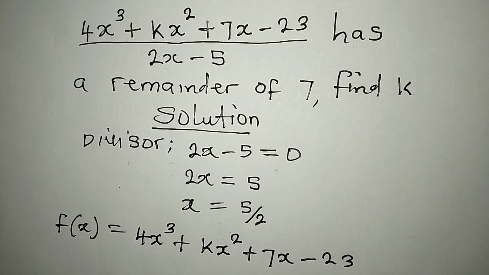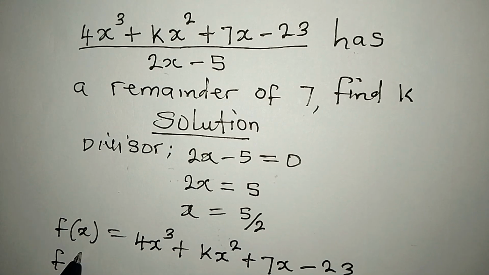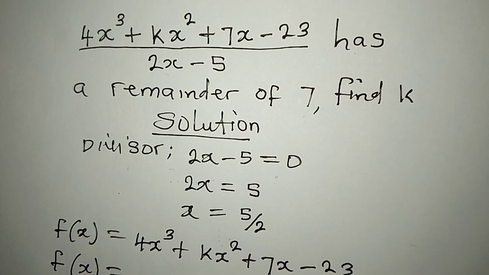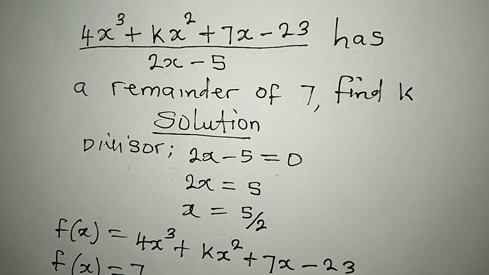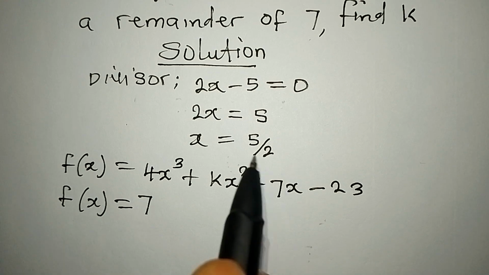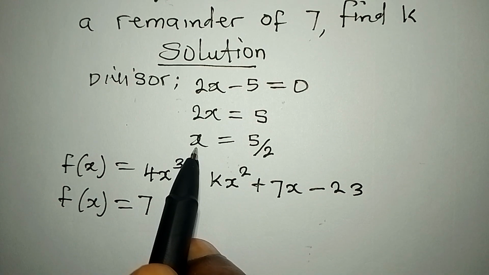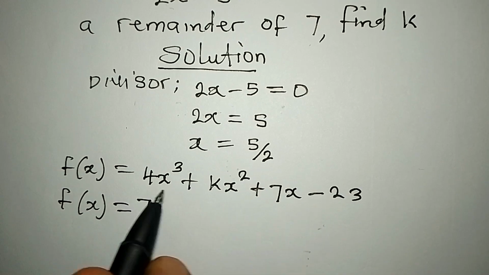Now from here, remember that our f of x now is also the remainder. So let's say our f of x is the remainder, right? Which is 7. And from here, we can now go back to the value we got from the divisor and put it into the dividend.